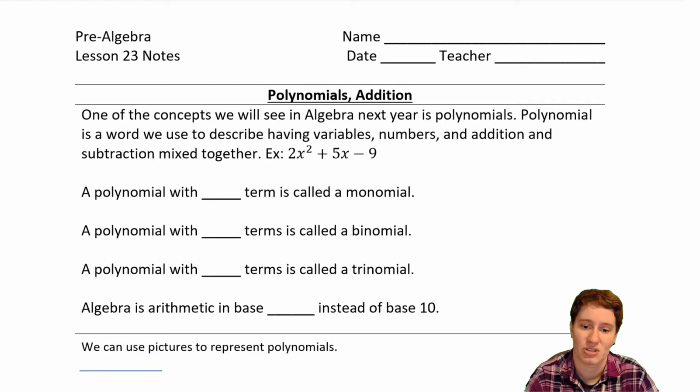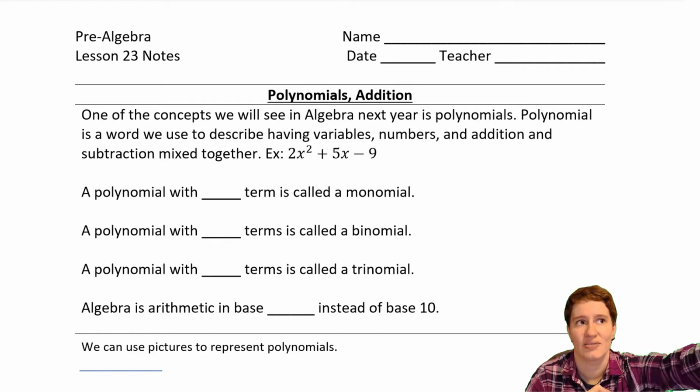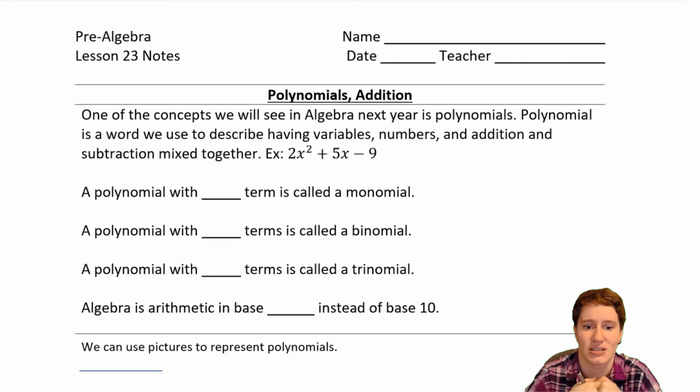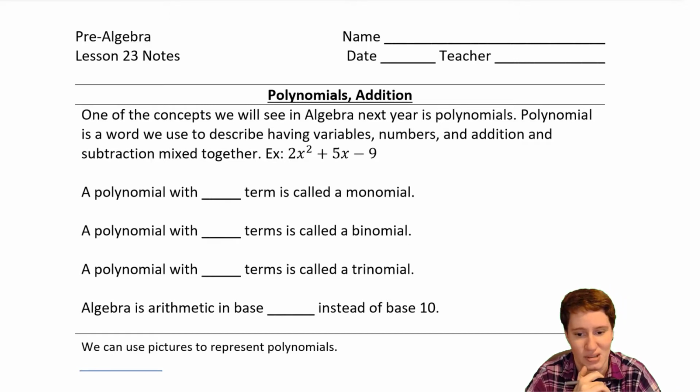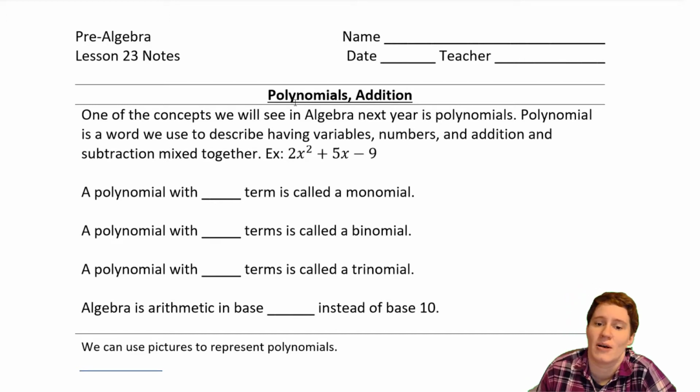We also have some more specific names that we can give based on how many terms we have, because as we go through algebra, we'll notice that things that have a similar number of terms, we can do similar things with. It's a fairly standard thing that we name these by how many terms they have. Whenever I say terms, here's what I'm talking about. If I use this example of 2x squared plus 5x minus 9, I can split this up into three terms.